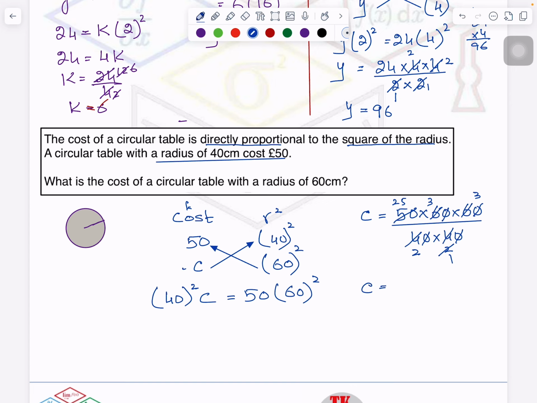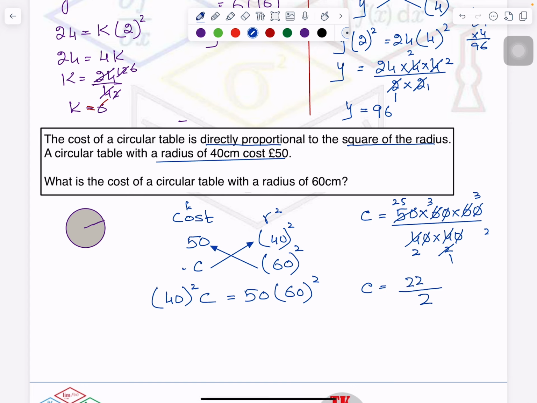So what did you get in the denominator? 2. And in the numerator, 25 times 3 times 3, which is 25 times 9. What will it be? 225, right?